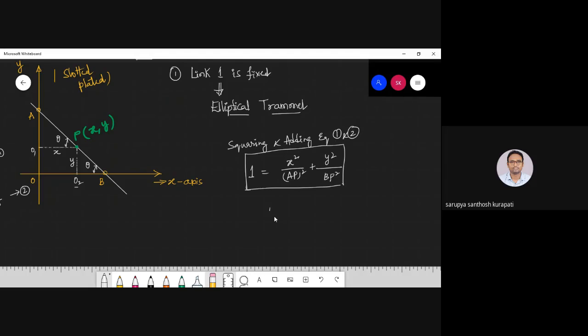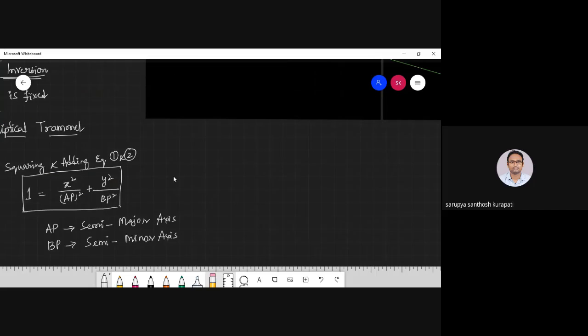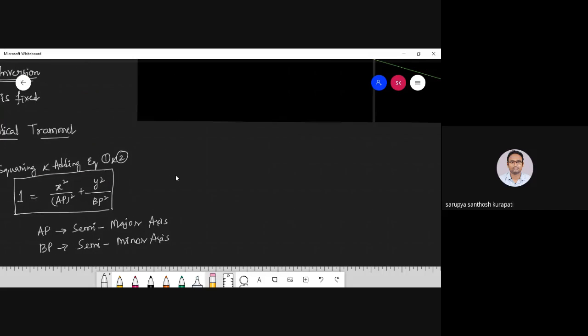I can say AP is the semi major axis and BP is the semi minor axis. I hope you know the ellipse, right? So I'll just plot it. This is the y axis, and this is the x axis.